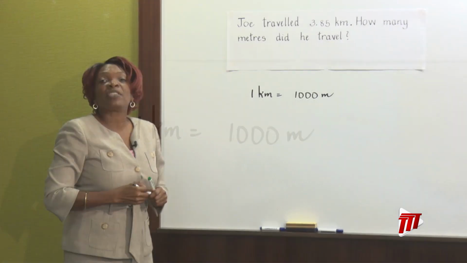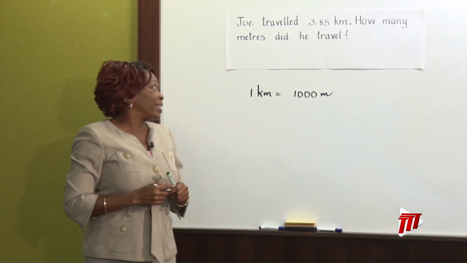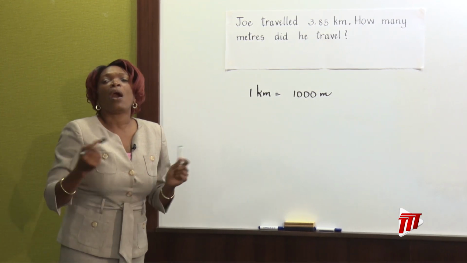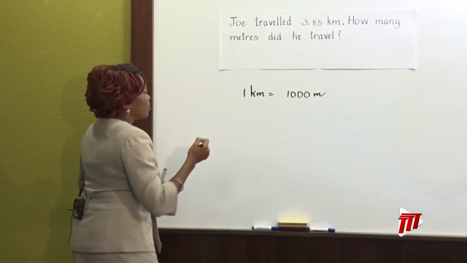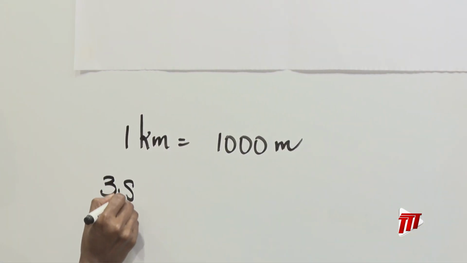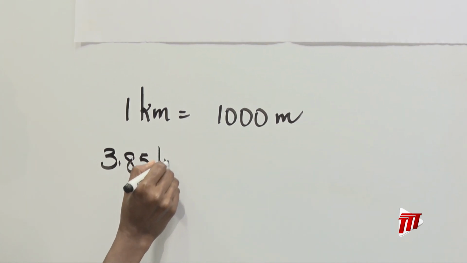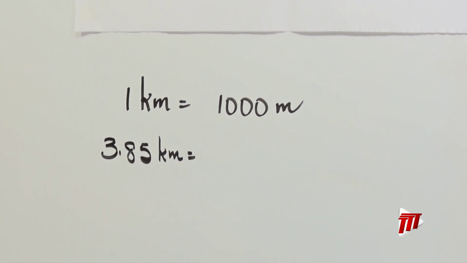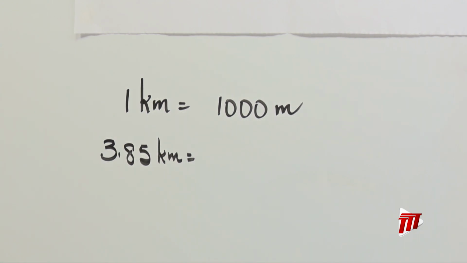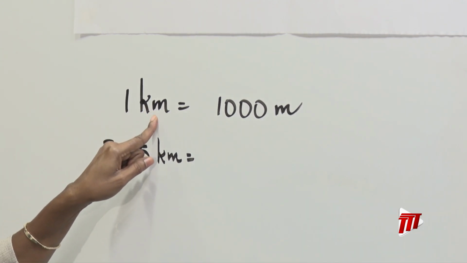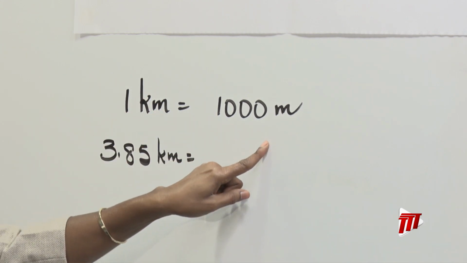Now, we have to determine 3.85 kilometers. How do we know how many meters there are? Let's put it down. Can you remember what we did before? Let's look at the problem. Is this a larger unit to a smaller unit?